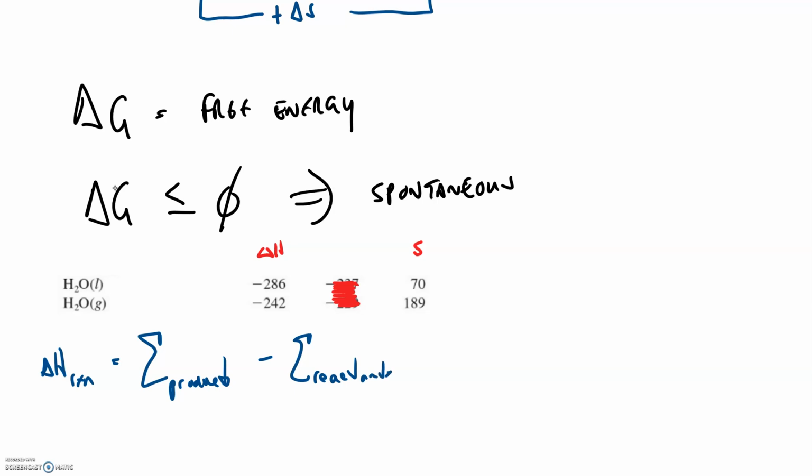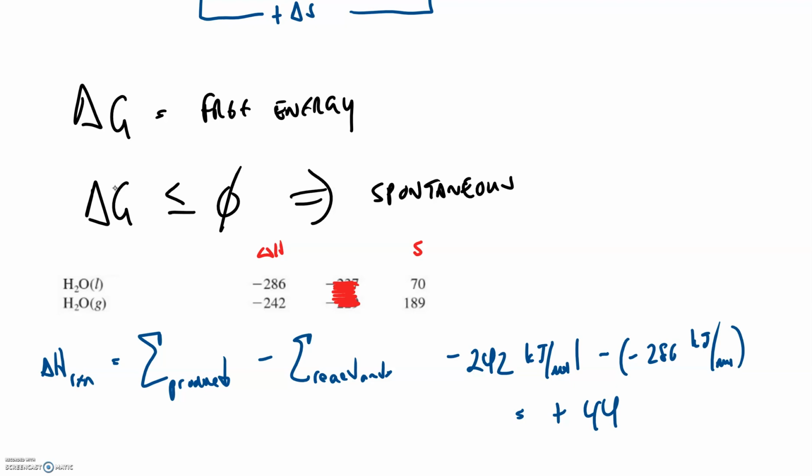And so, of course, our single product being water vapor will have negative 242 kilojoules per mole, and we're going to subtract from that negative 286 kilojoules per mole. This gives us delta H of plus 44 kilojoules. Makes sense. It's an endothermic reaction, so it should be a positive delta H.